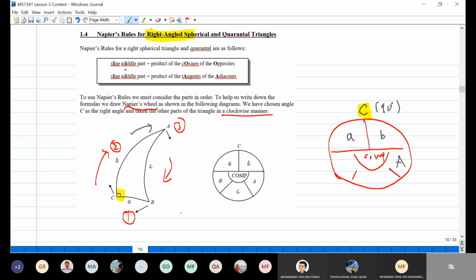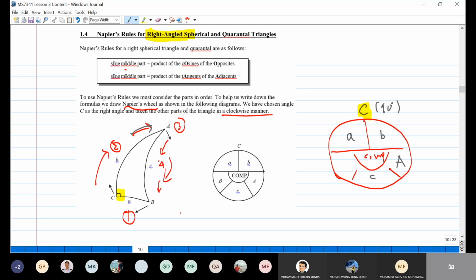Then if you continue to trace, you get side c, so you can put a c now. After c, you encounter another angle, this is 4.